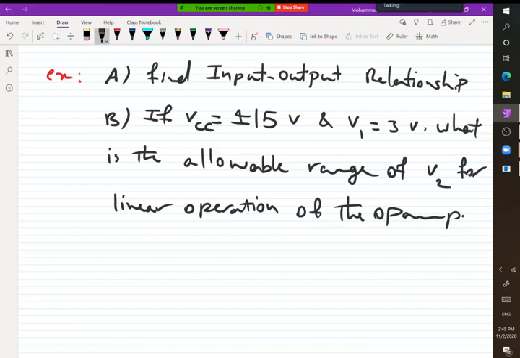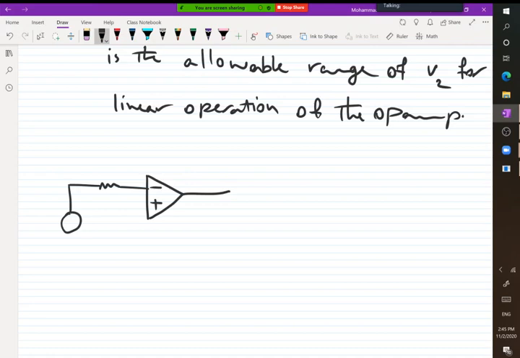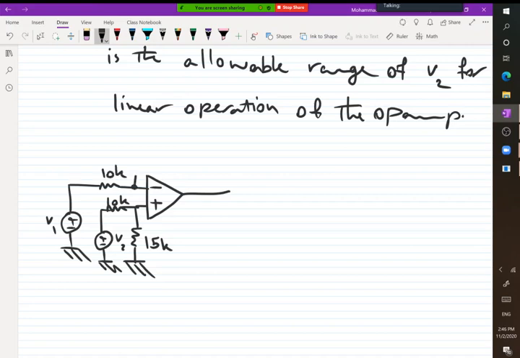Okay, here is the circuit. Okay, this one is the circuit.